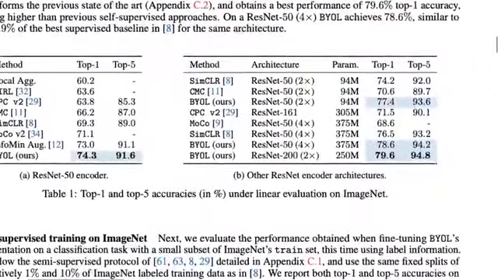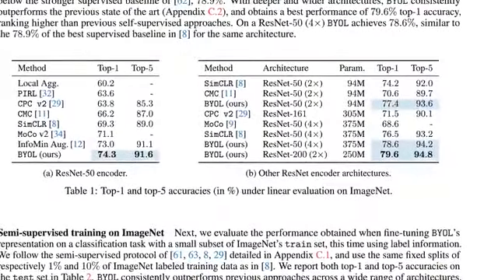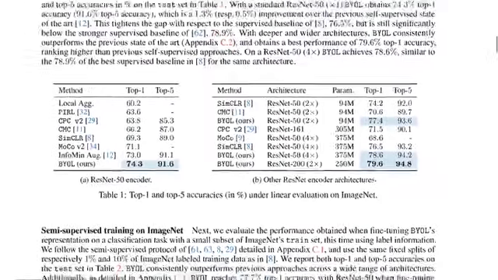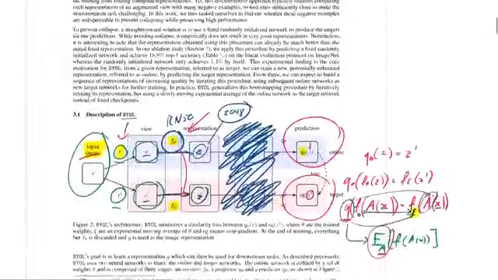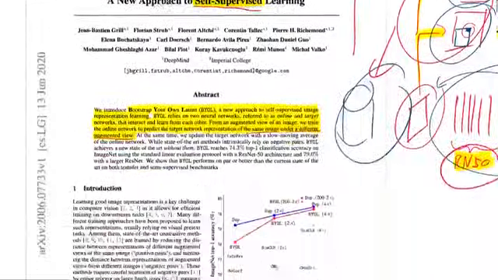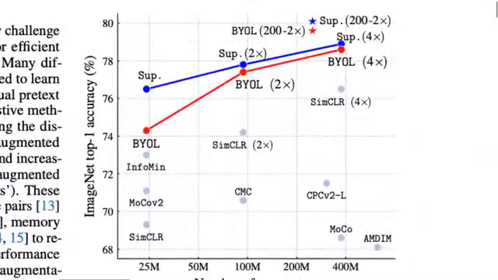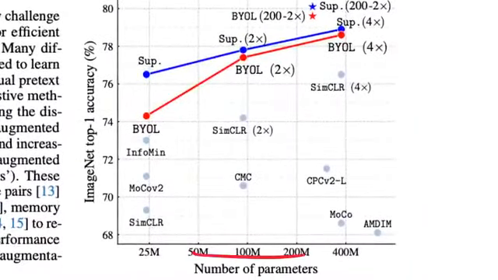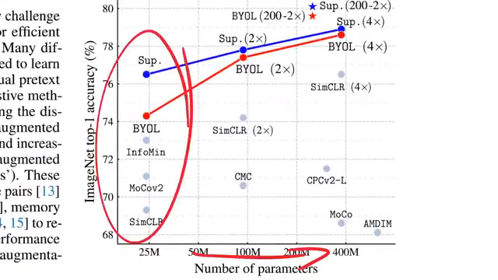And they beat all the other self-supervised methods, and they get pretty close to the supervised representation learning method. As you can see right here, as the number of parameters goes up in their model. So one of them is ResNet 50, but I'm going to guess this one right here.